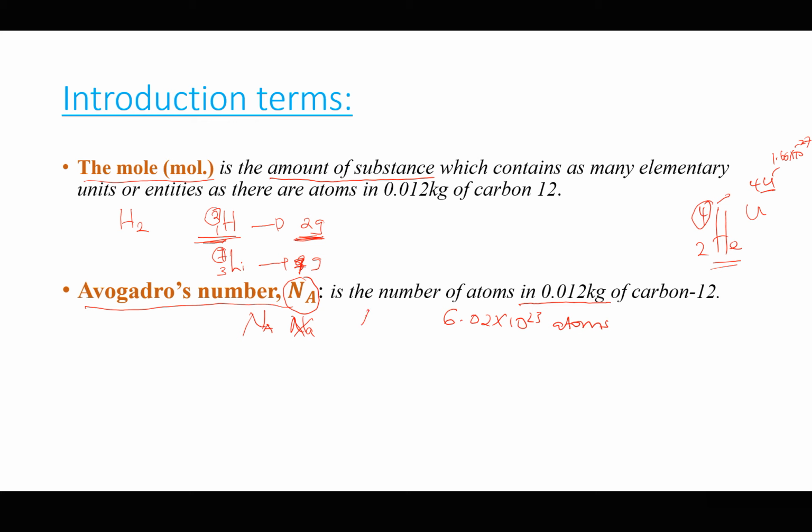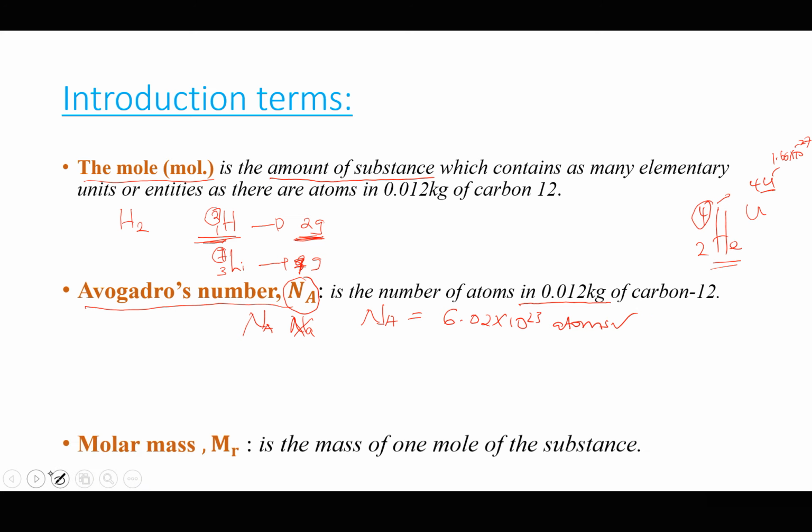This constant is therefore called Avogadro's number, N_A. We shall use it many times. The number of atoms contained in 12 grams of carbon-12 is what we call Avogadro's number.